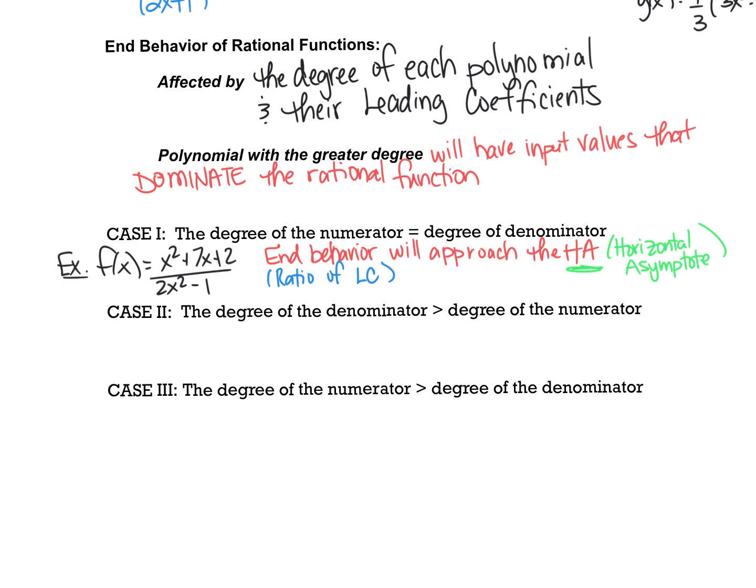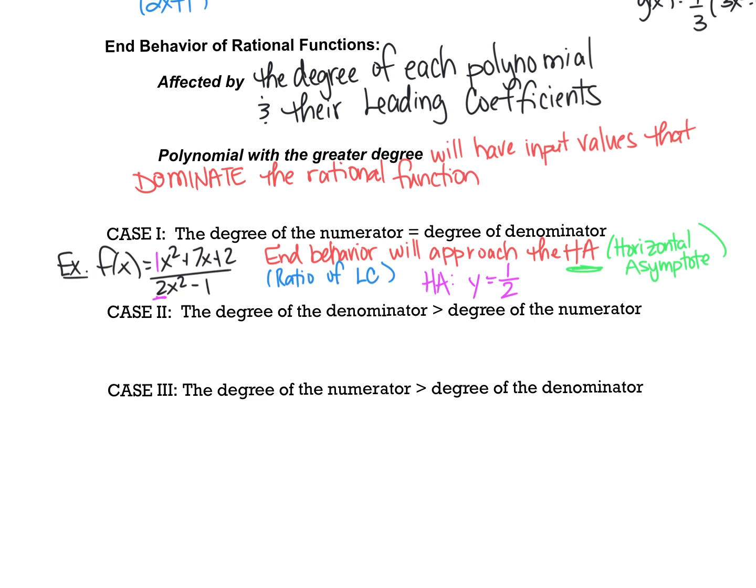So if we look at that example, my horizontal asymptote is going to be y equals, what's the leading coefficient of the numerator? 1. And the leading coefficient of the denominator? 2. So my horizontal asymptote is y equals 1/2.